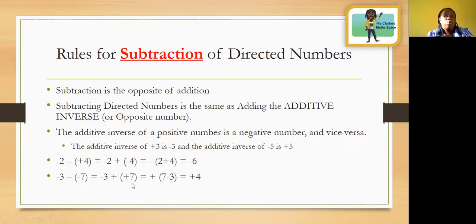When we have 2 different signs and we are adding, what do we do? We find the difference between the 2 numbers, which is 7 and 3. The difference between 7 and 3 is 4. And then we take the sign of the numerically bigger number. In this case, the numerically bigger number is 7, and the sign in front of 7 is a positive. So therefore, we're going to end up with positive 4 as our answer.